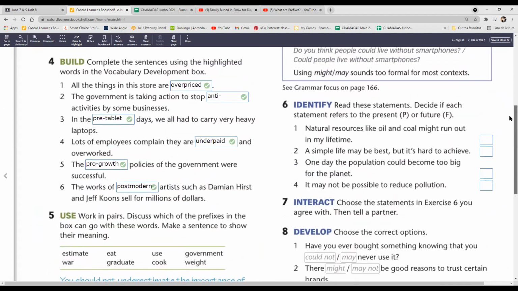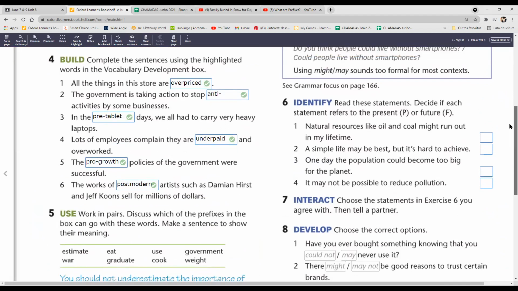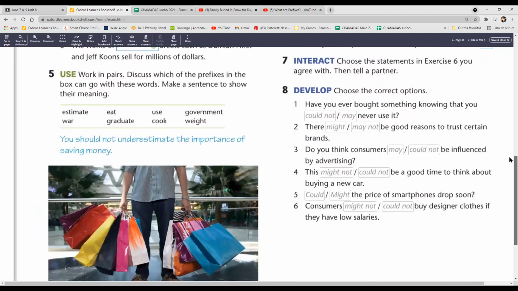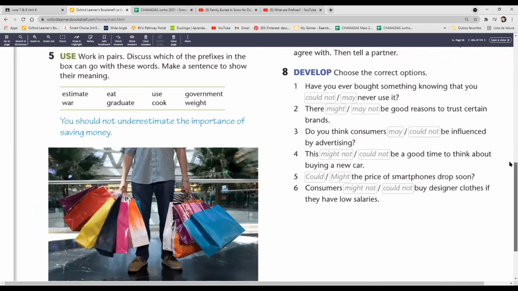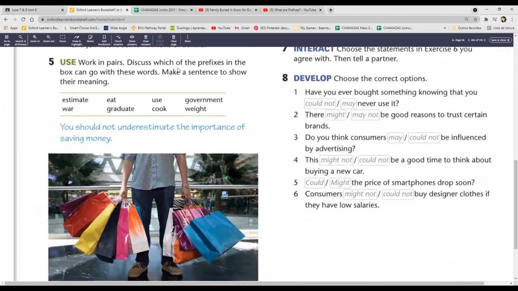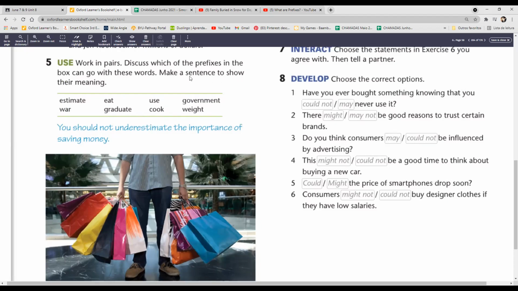Okay, guys. Now, as you noticed, before we move on, all these words here have a prefix, okay? So let's see here in number 5. Discuss which of the prefixes in the box can go with these words. Make a sentence to show their meaning.